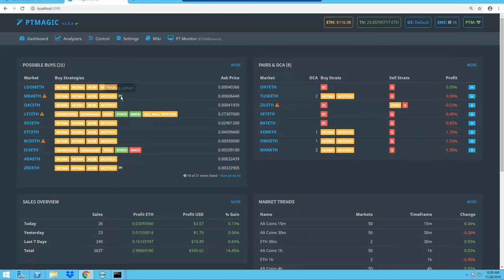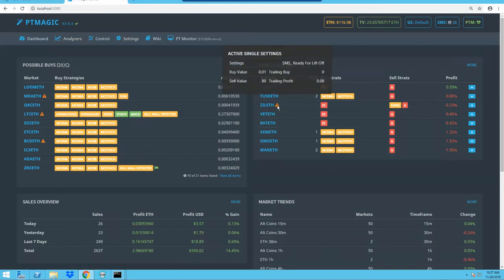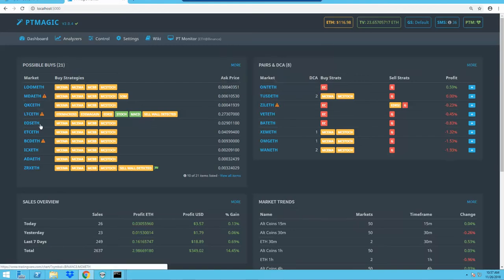When you see this flag, it means that right now we're trailing both MDA and ZRX. These two coins are possible buys right now out of all the ones that it's looking at. Over here on the right, we have ZIL in ready for liftoff. All these coins that do not have an exclamation point next to them are default, and same over here. Any coin over here without an exclamation point is in default.